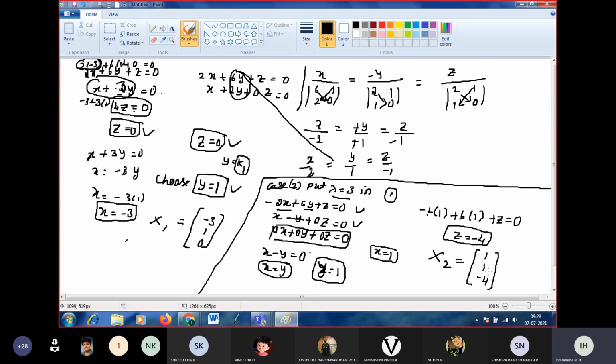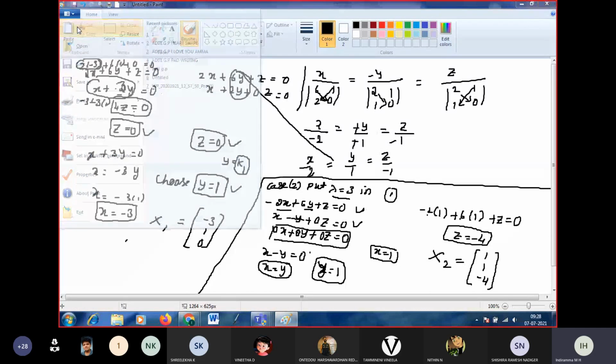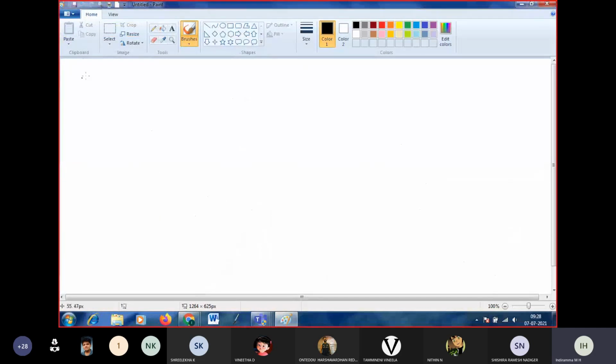Next, we go for case 3. What we have to put for lambda? Lambda equal to 4, the third eigenvalue, in the system of equation 1.